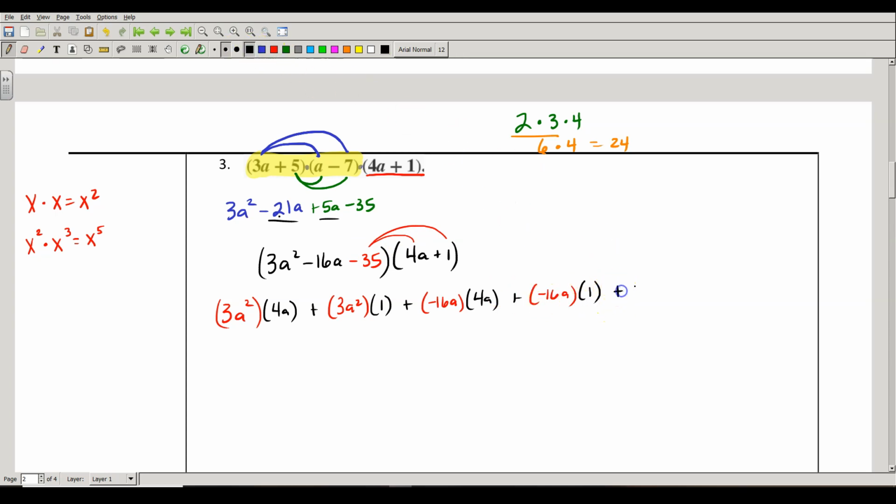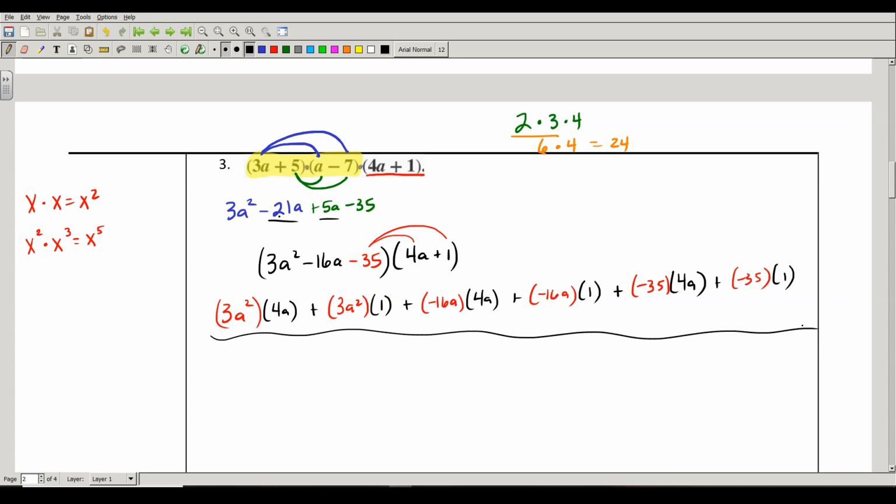So I'm going to add, and now I have negative 35 times 4a and plus negative 35 times 1. Okay, so I'm writing this out. As you do these more and more, if you get really good at these, you don't have to write out this whole thing. You can do that multiplication as you're distributing.